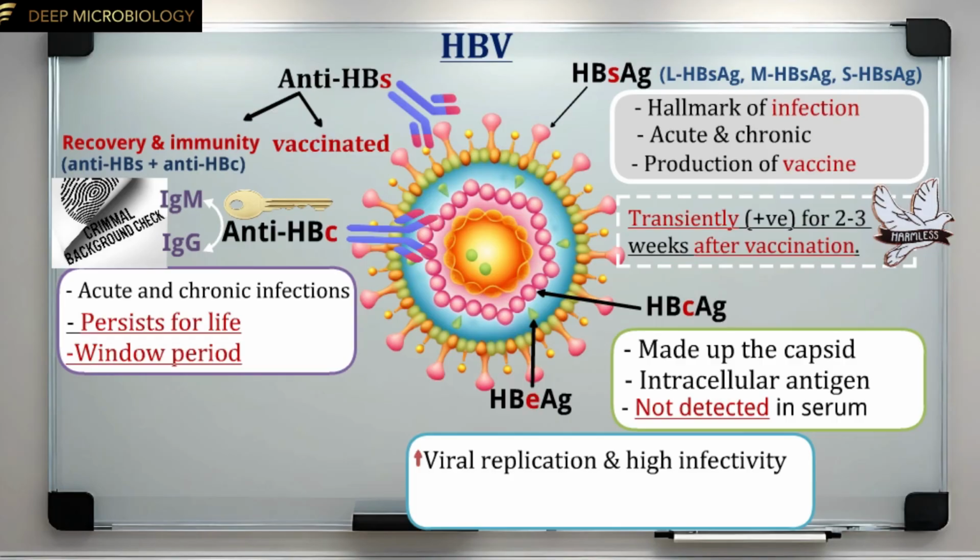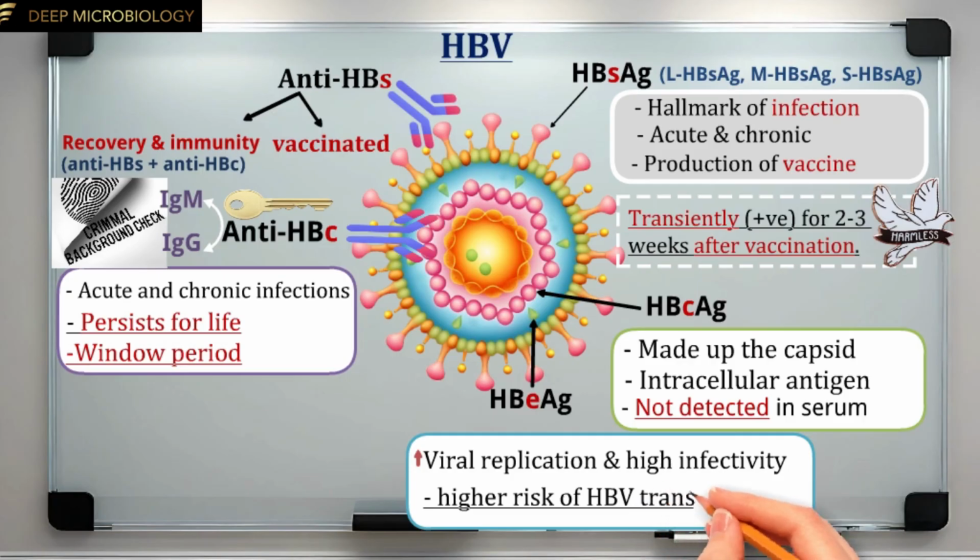However, in some cases, particularly with pre-core or core promoter mutations, E antigen may be absent despite high levels of hepatitis B virus DNA, meaning the person can still be infectious. The presence of E antigen is therefore associated with a higher risk of hepatitis B virus transmission, such as through needle stick injuries or mother-to-child transmission.